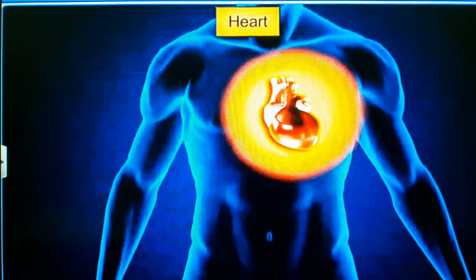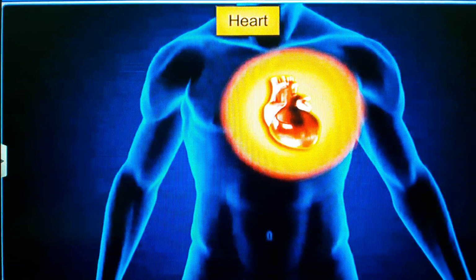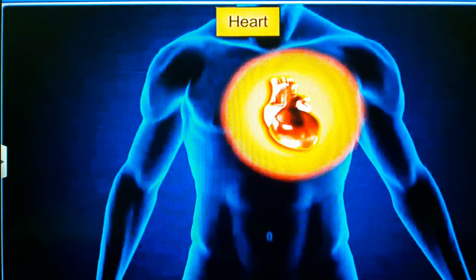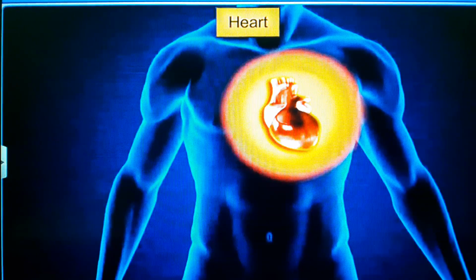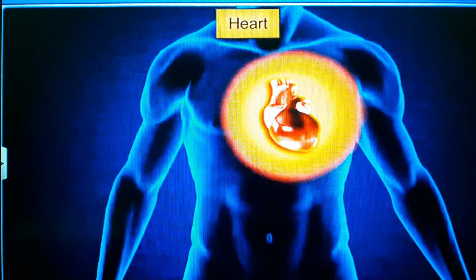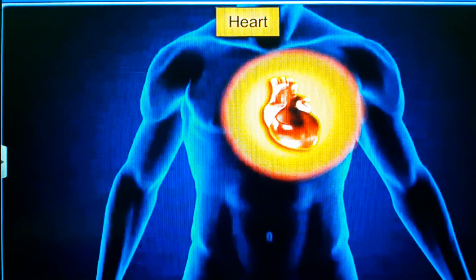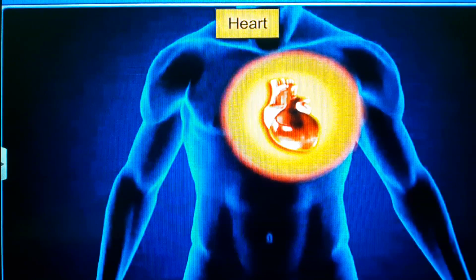Friends, we will study the heart systematically, bit by bit. So first point, position of the heart. Where is the heart located?